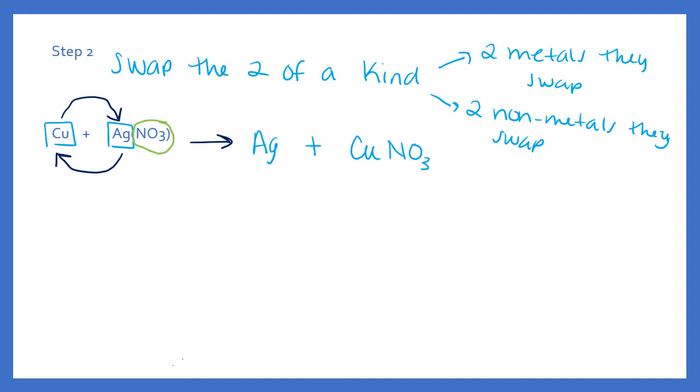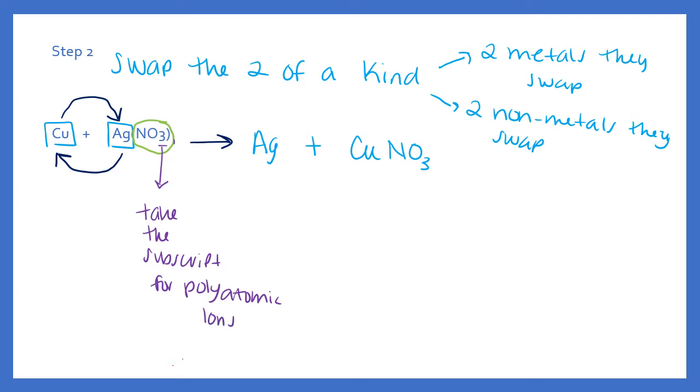You can take the 3, you can take this subscript, because it's a grouping. Take the subscript for polyatomic ions.